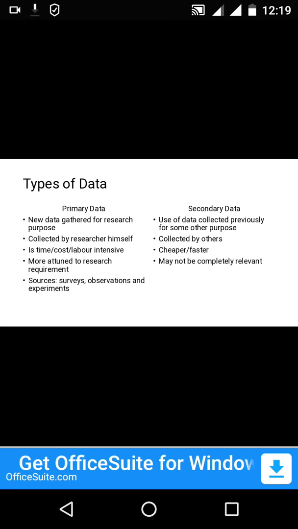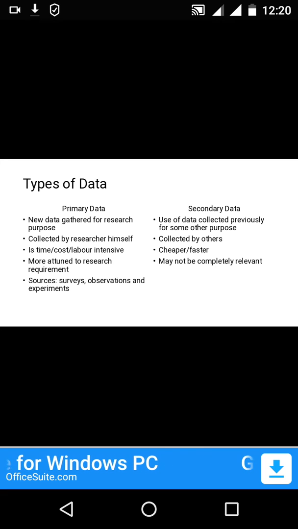Naturally, if you are using the data which has been collected by somebody else, you don't have to spend too much time, you would not require too many people working for you, and you would not also have to spend a lot of money, and that is why secondary data is generally cheaper and faster. But then there's another problem with secondary data also.